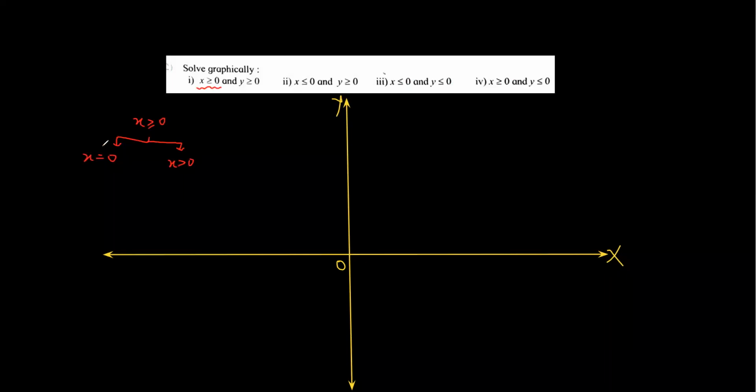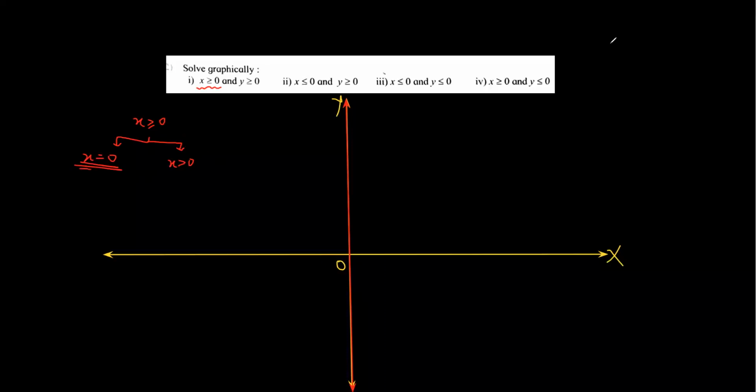What you should do: go to the line always. What is the line? The y-axis. Okay, I went to the line. Once I reach the line, I have reached x equal to 0. What do I want? I want x greater than 0.